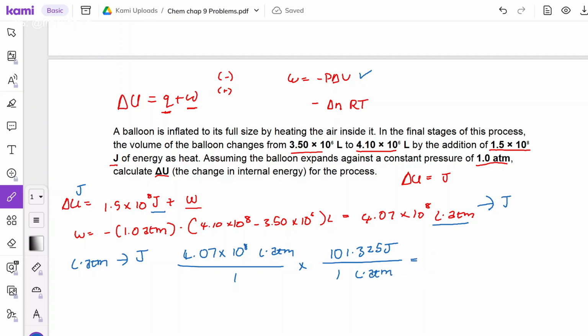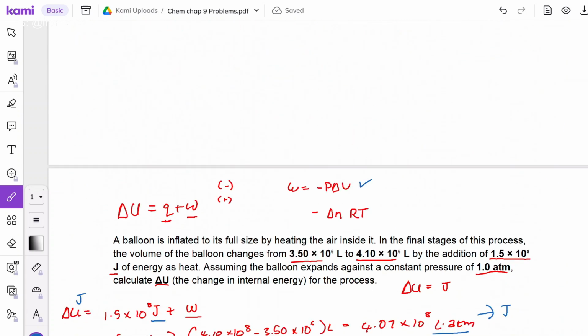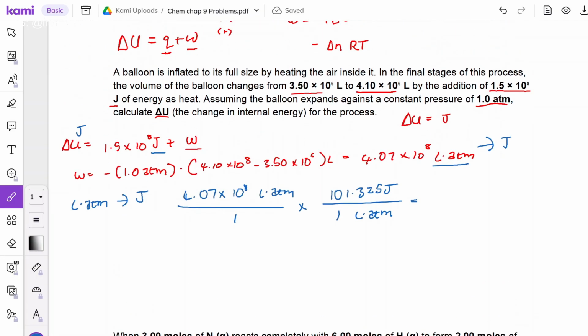And then I'll use the calculator again to find the value for this. And the final answer for this is about 4.12 times 10 to the 10th joules.